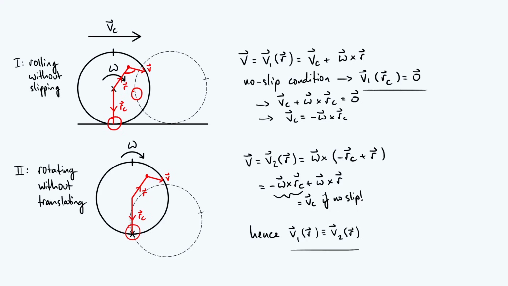Now in that case, in case 1, the only acceleration that our arbitrary particle is experiencing is the centripetal acceleration, which is keeping it going in a circle about the center of mass, and therefore the acceleration in case 1 would be directed along this blue arrow that I've just drawn there, whereas in case 2 our particle is still performing circular motion, but it's performing circular motion about the pivot point at the bottom.